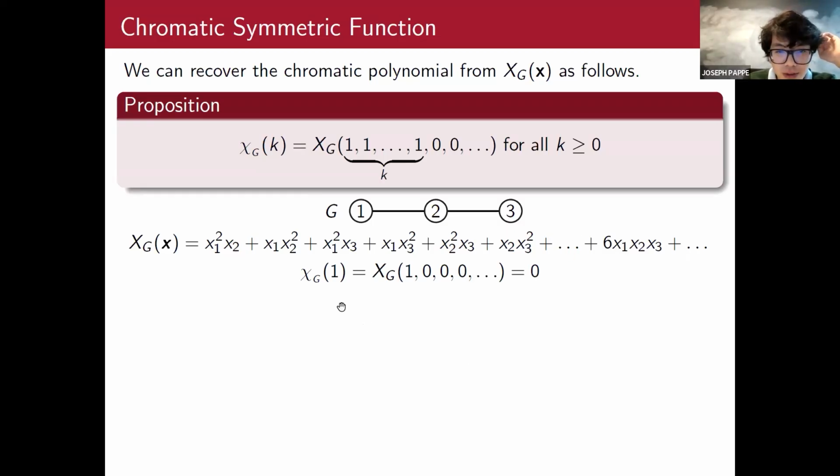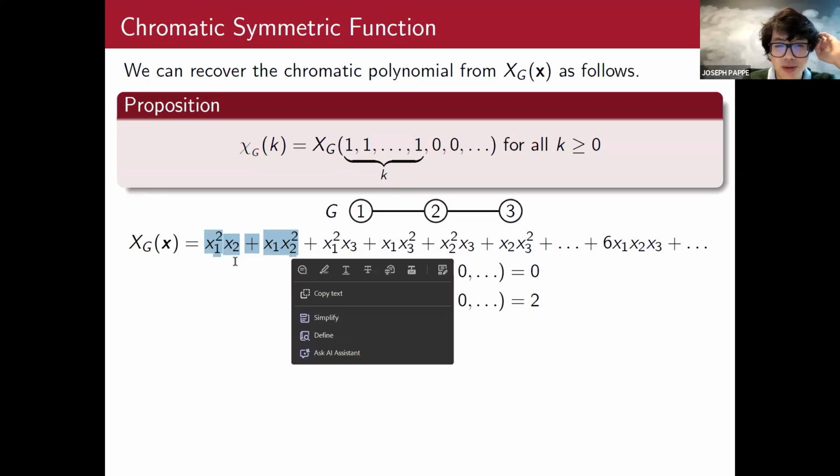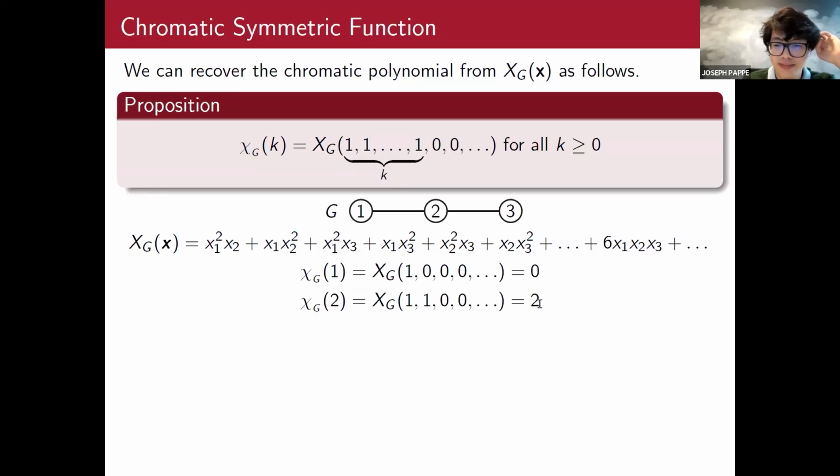But for instance, if I do 2, this means that I plug in 1 into x1, 1 into x2, and we just pick up these two terms here, which gives us this 2. So this tells us that there are two colorings of this graph with two colors.